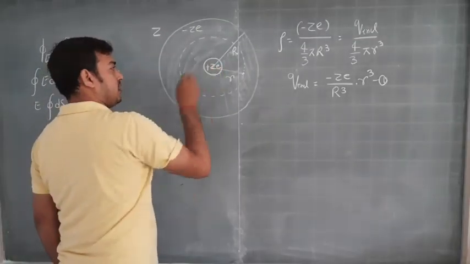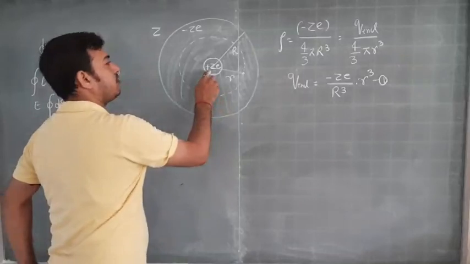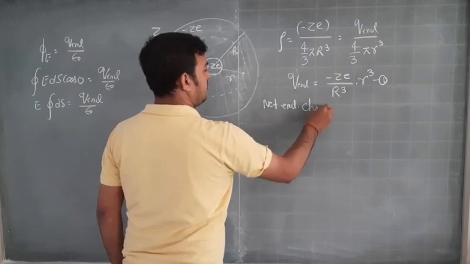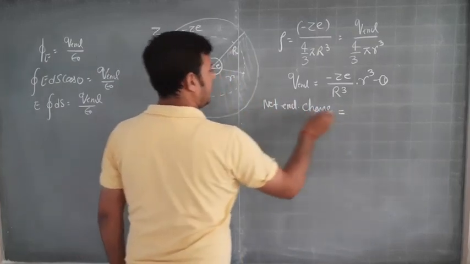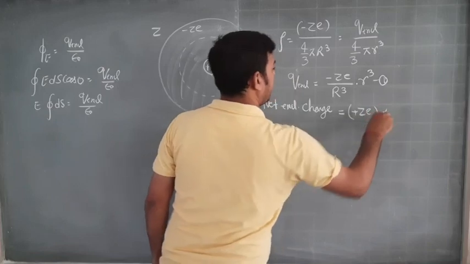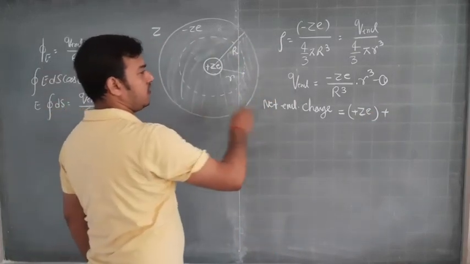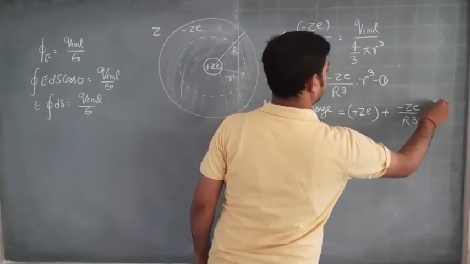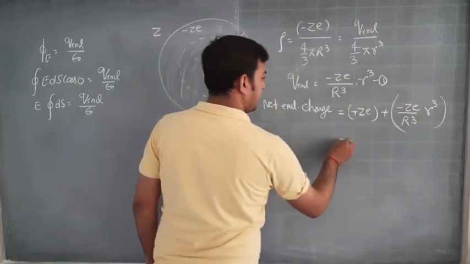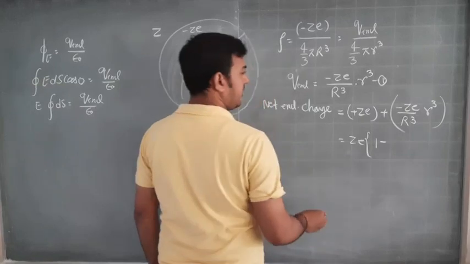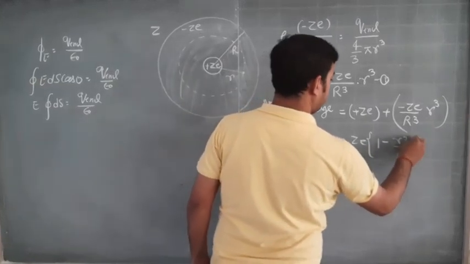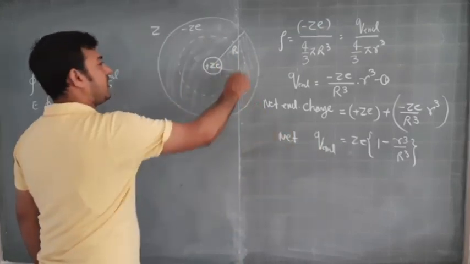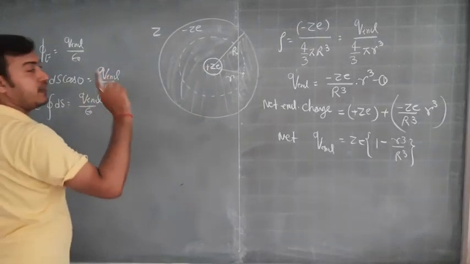Now since I have a nucleus here also, containing a charge of plus Ze, my net enclosed charge is the sum of the charge on the nucleus, plus Ze, plus the charge on the electron cloud, minus Ze r cube by R cube. So ultimately, taking Ze as common, it is going to be Ze times 1 minus r cube by R cube. This is the net enclosed charge inside this Gaussian surface.